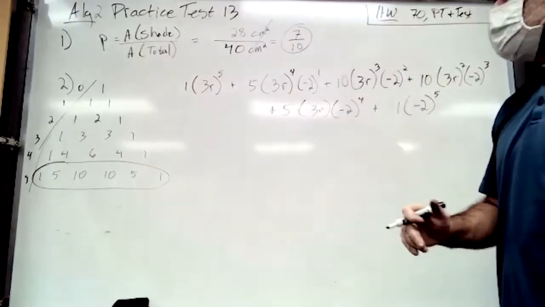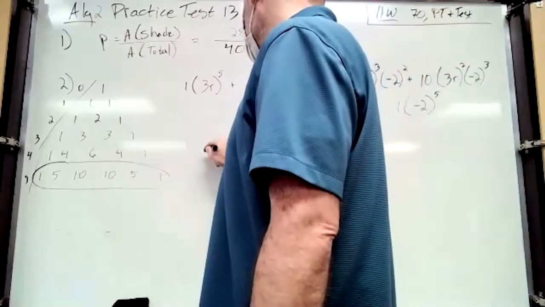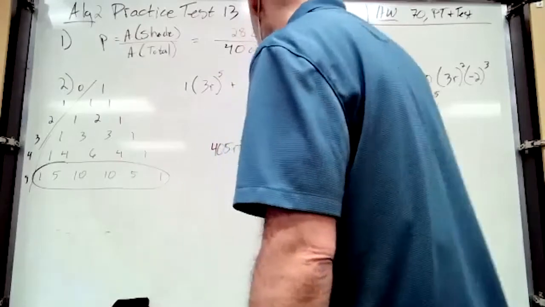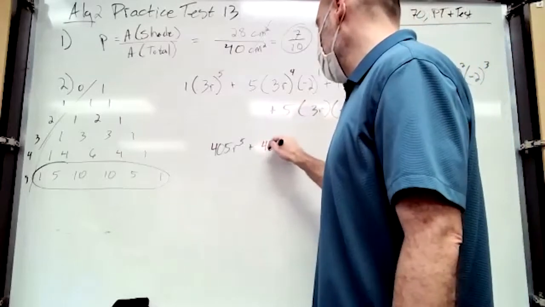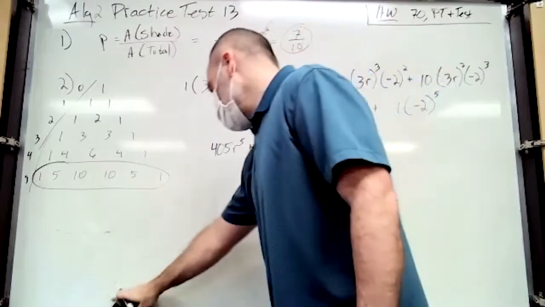Okay, so we're going to do the math here. 3 to the 5th power, what is that? 81 times 5. What's 81 times 5? 405, right? So 405 r to the 5th plus, let's see, 81 times another 5 would be 405 r to the 4th times -2. I forgot that.